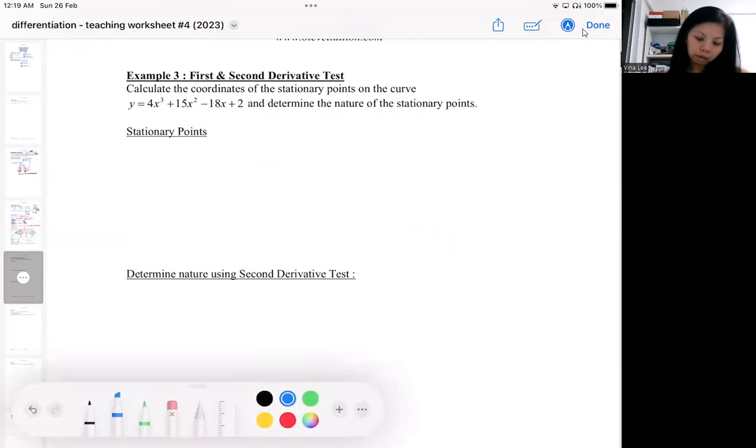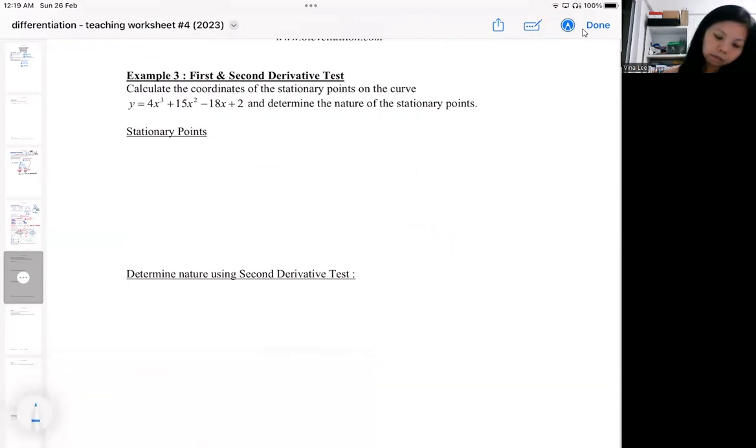I've got the curve, so I need the stationary points. So I will need dy/dx.